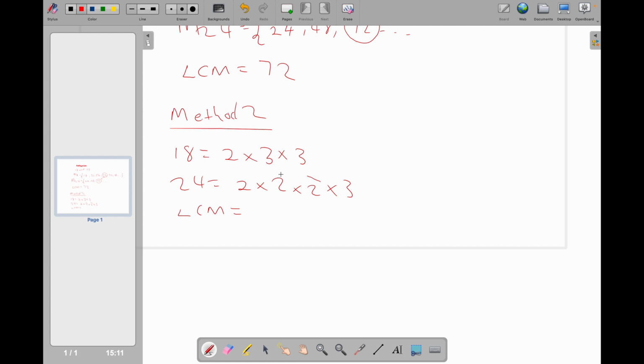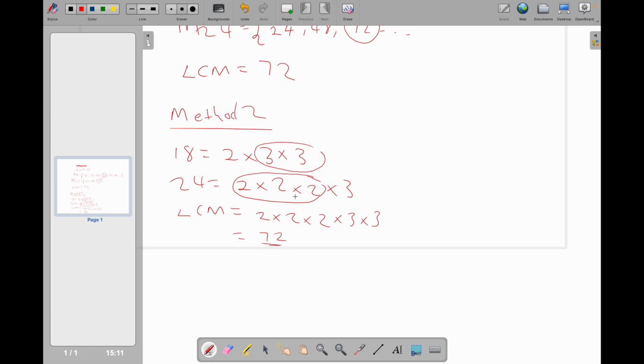Here we have 3 2's, so we take 3 2's, 2 by 2 by 2. And then we have 2 3's, 3 by 3. If you do this, you will get 72. So that's how you do it.